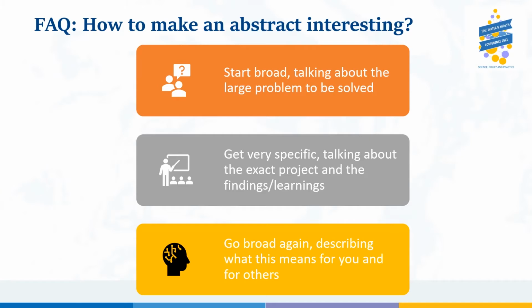But talk about why this is important, and then get really into the details of what exactly you found. Then do go out and say what the implications are. Again, trying to balance this, you don't want to say we found this in this place at this time and therefore sanitation is revolutionized, but do be thoughtful about this.